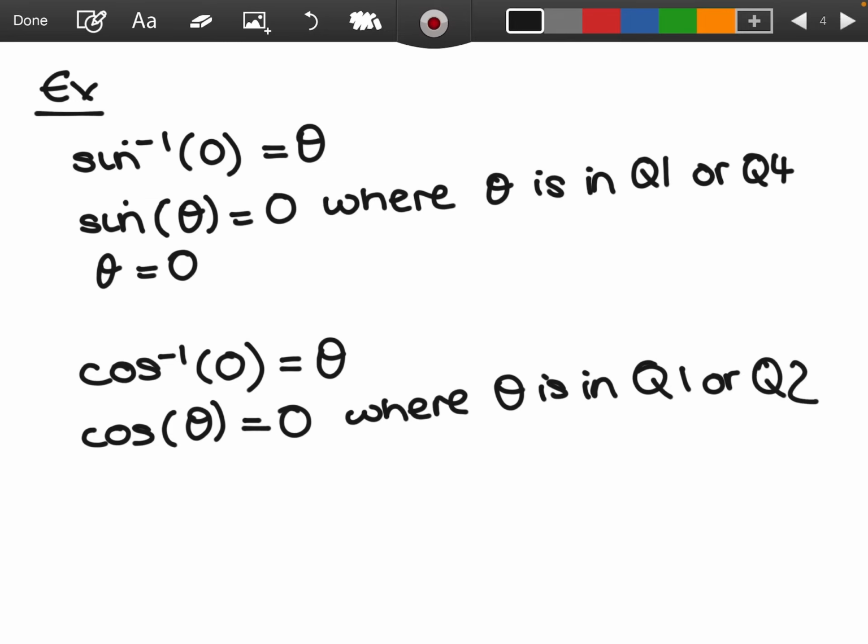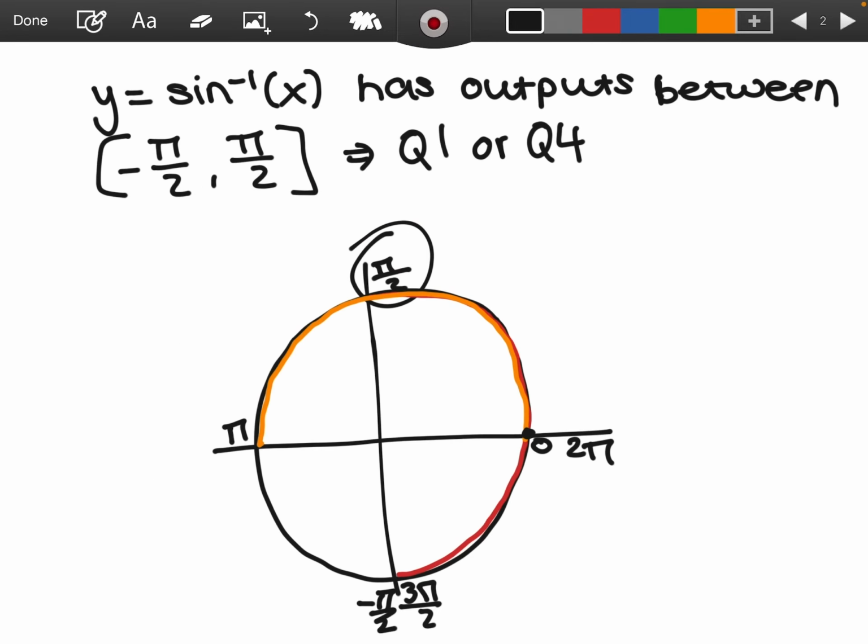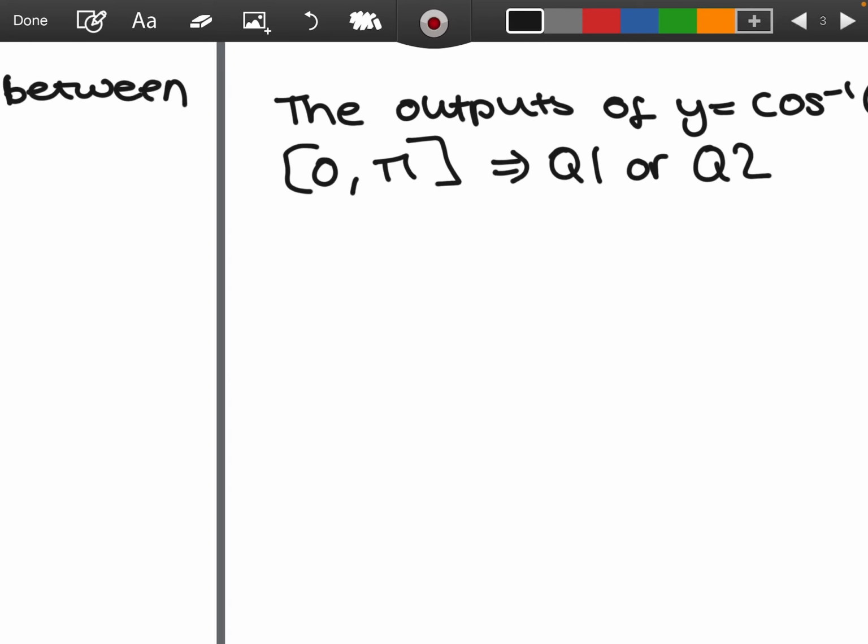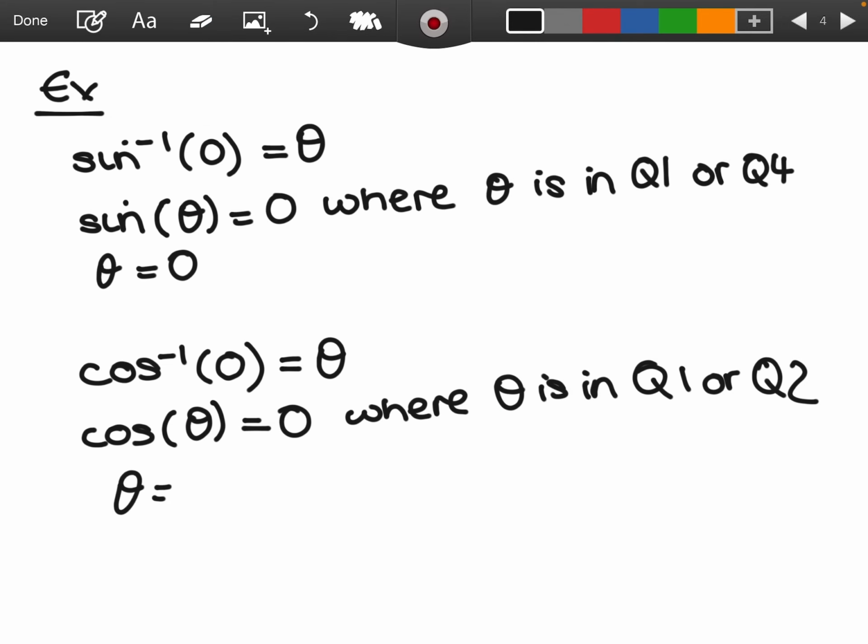So I'm looking for a theta that lands in quadrant 1 or quadrant 2 such that now its x coordinate, the x coordinate for the terminal side of theta, is 0. Well, up here, if you go back to a real picture of this unit circle, at that point at pi over 2, you have an x coordinate of 0 and a y coordinate of 1. We land somewhere between quadrant 1 and quadrant 2, so we know that that is the case, and therefore theta is equal to pi over 2.